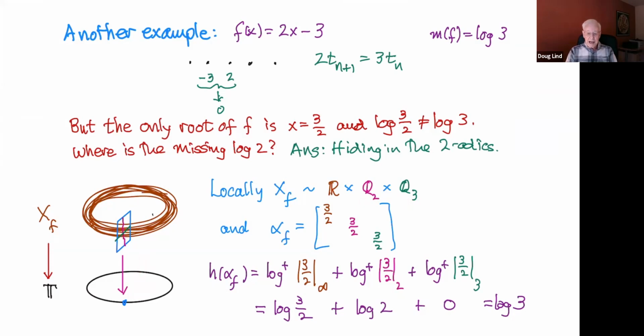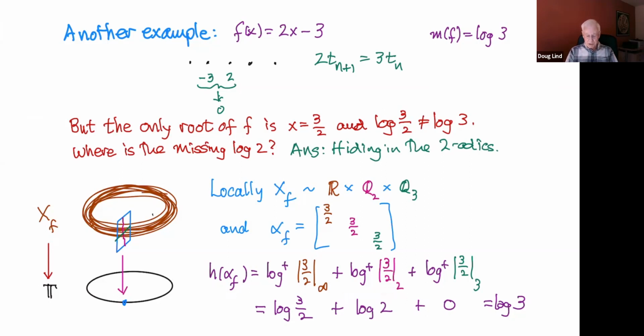But here, the 3/2 come in different flavors. The brown 3/2 corresponds to the reals. The red 3/2 corresponds to the 2-adics. And the green 3/2 corresponds to the 3-adics. And then you have to figure out the expansion in each one of these coordinates in order to compute entropy. Now, 2-adically, 3/2 is big.